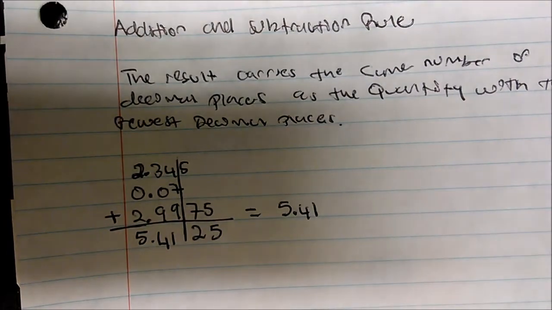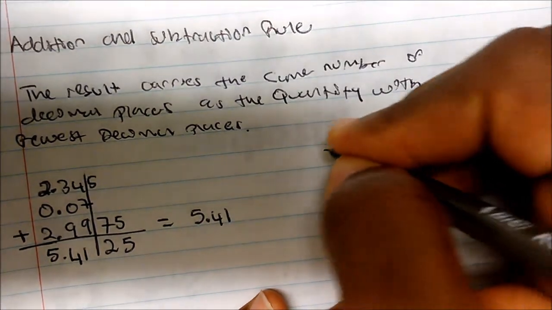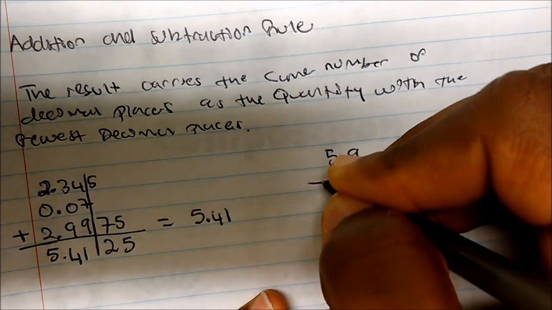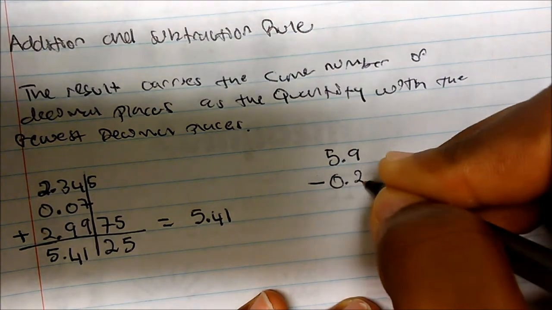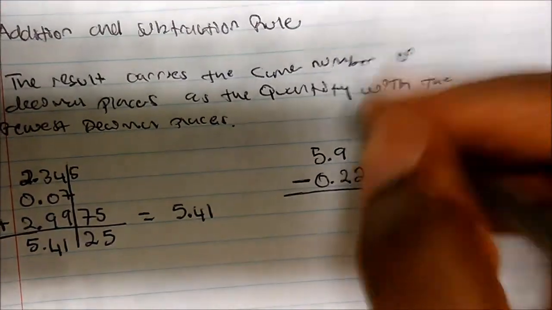Let's look at a subtraction example to get the point across. What if I take 5.9 and subtract 0.221 from it? How many sig figs should this have?